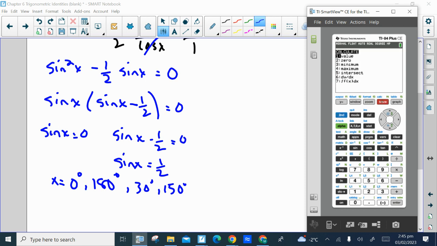So second function trace, number 5 for intersect, enter, enter. We'll put our first guess at 0, and yes, that works. We'll check the other ones as well. 30° works. 150 works.